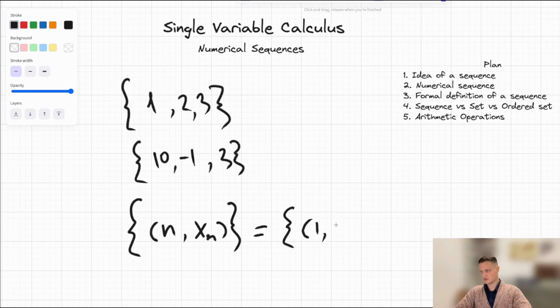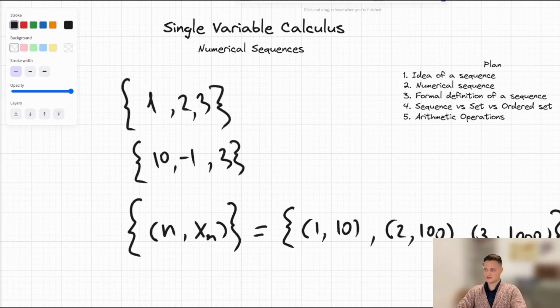The first element is 10, the second element is 100, the third element is 1000, for example. So you can see that we have defined a set which is a sequence. Basically we define the sequence using a set, using pairs of elements, values and their indices.